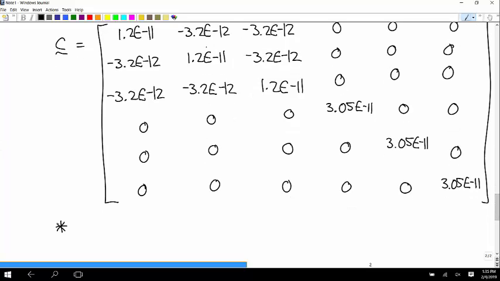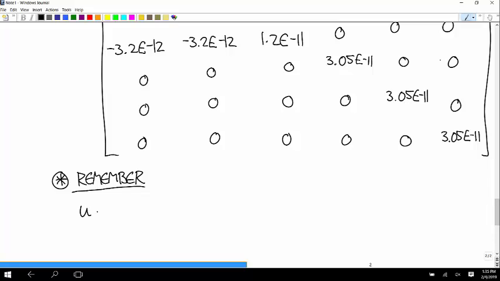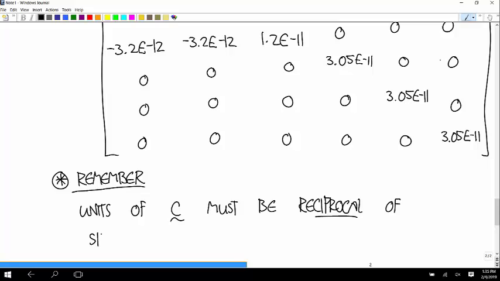Remember, this is an easy place to make mistakes because a lot of times elements of the compliance and stiffness matrix or stress values are given in megapascals or gigapascals or whatever. So the units of the compliance matrix must be the reciprocal of the stress units that you're using to multiply.